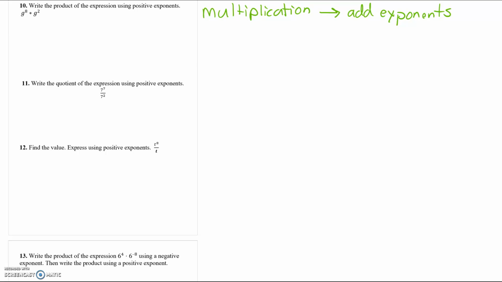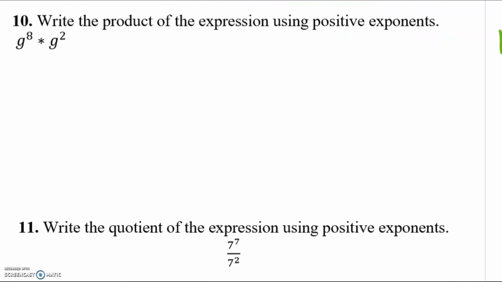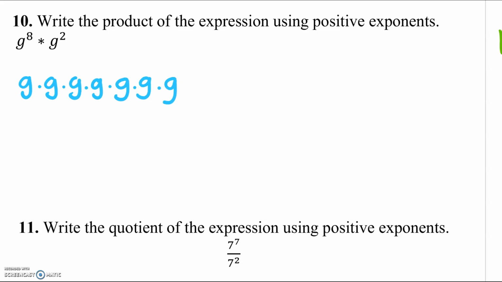So remember, two different ways to think about this. We could write it out as g times g times g times g times g times g times g times g, 8 of them, and then 2 more. And I would get 1, 2, 3, 4, 5, 6, 7, 8, 9, 10.